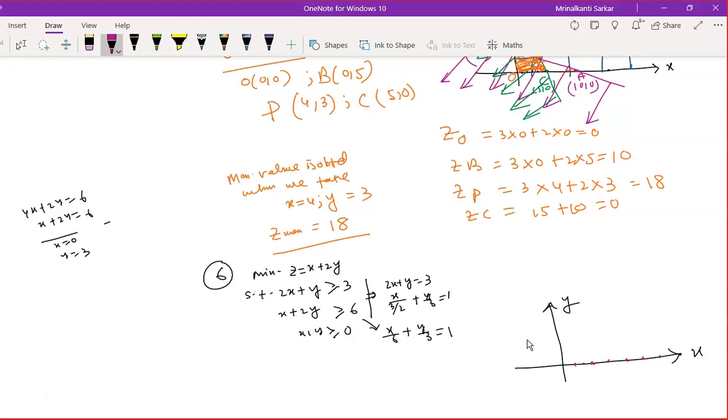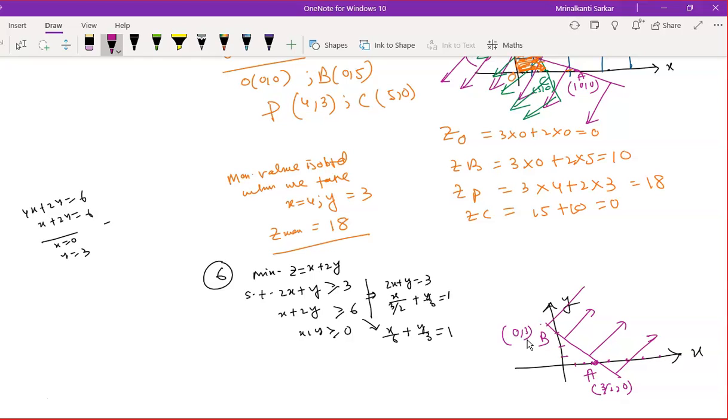So 1.5 lies somewhere like this. Then 1, 2, 3. A, B. This point has coordinates 3 by 2, 0, and this one has coordinates 0, 3. This is going away from the origin.